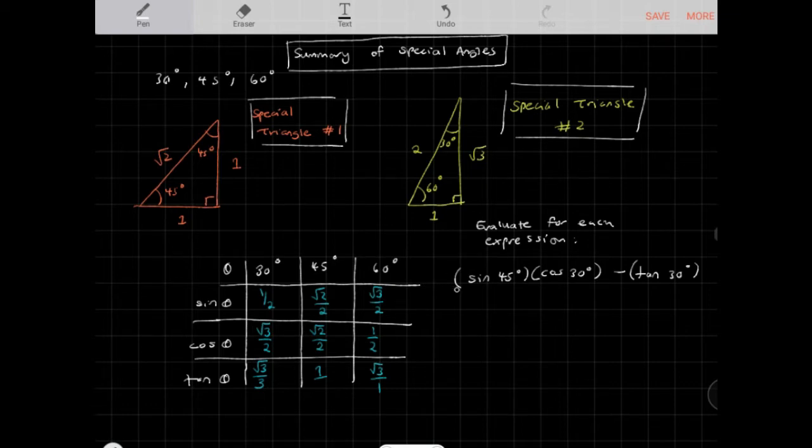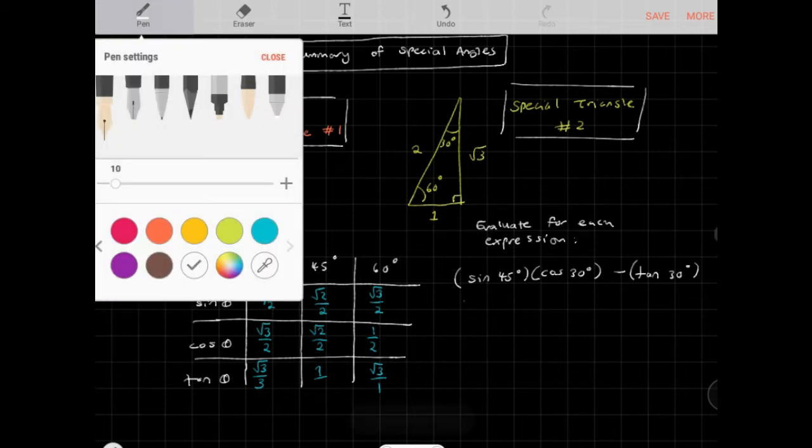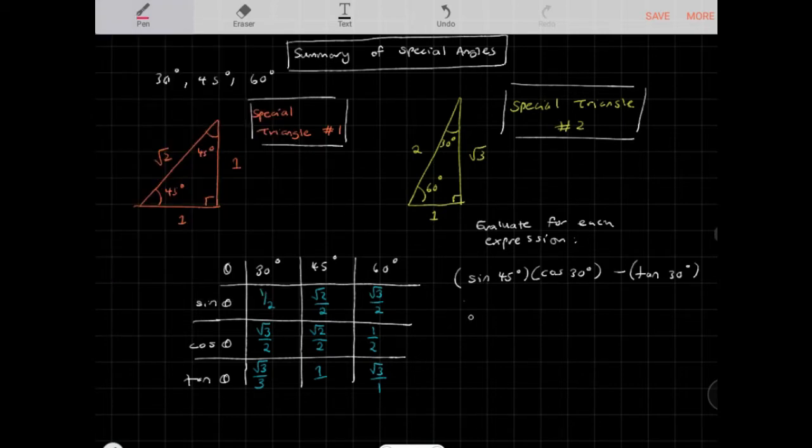In this case, sine 45 was square root 2 over 2. Cosine 30 here is square root 3 over 2, and tan 30 is square root 3 over 3. If we multiply these two, we get 2 times 2, which is 4, and square root 2 times square root 3 is square root 6, minus square root 3 over 3.